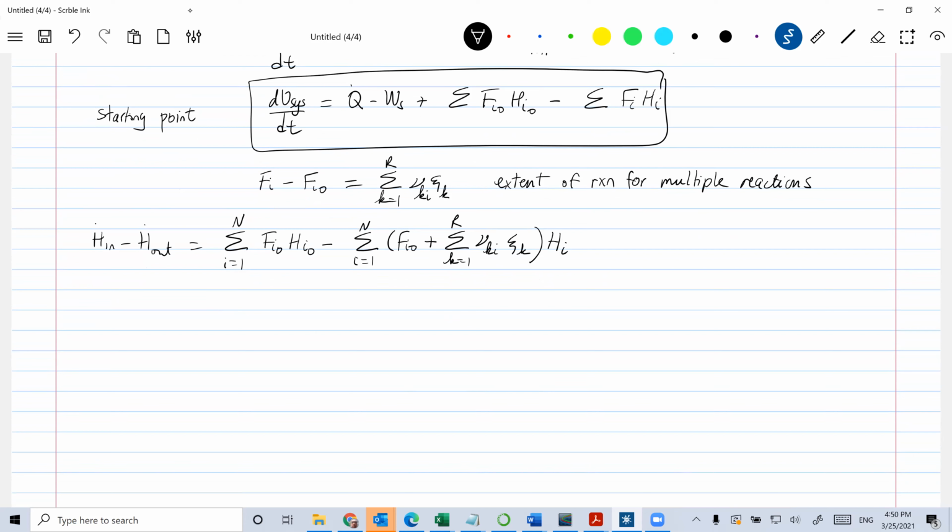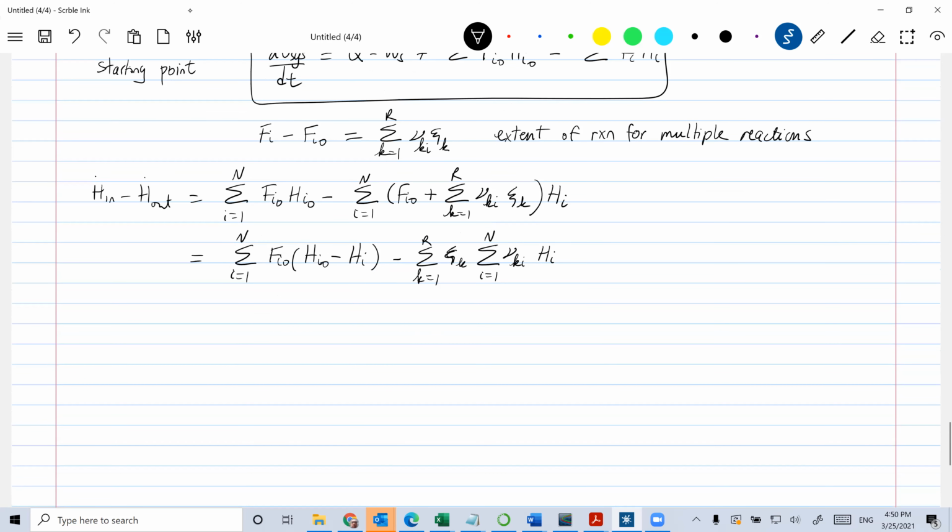So you can rearrange this to have eta k and the summation of i from 1 to n of mu ki hi.